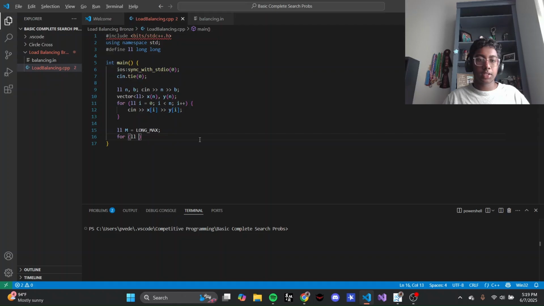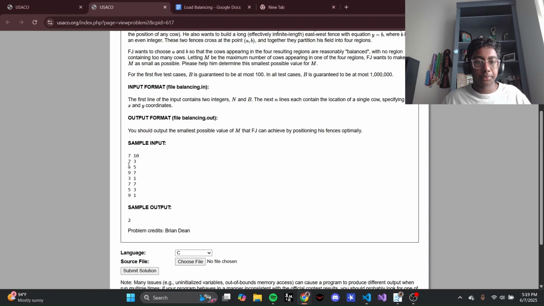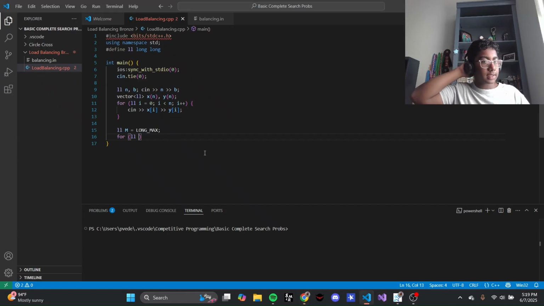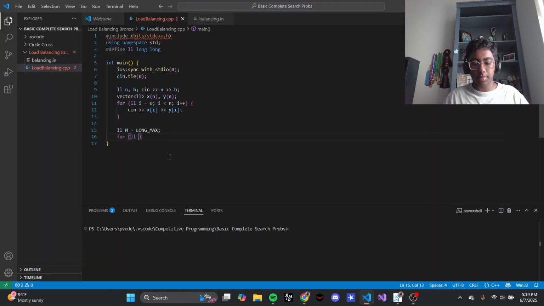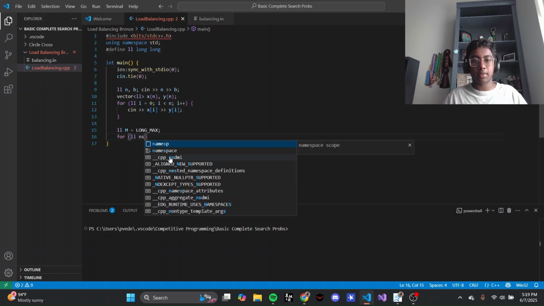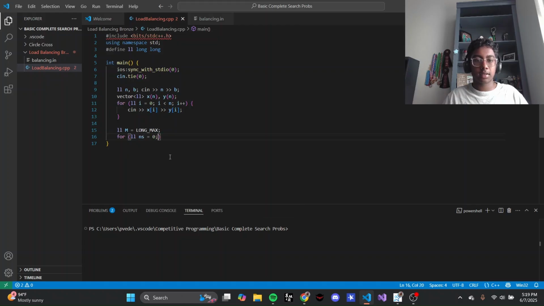Okay, so now let's cycle through the vertical fences first, so the x fences. I'll call it a horizontal fence, I guess. Or should I give it a more descriptive name? I'll call it a north-south fence. That makes more sense.